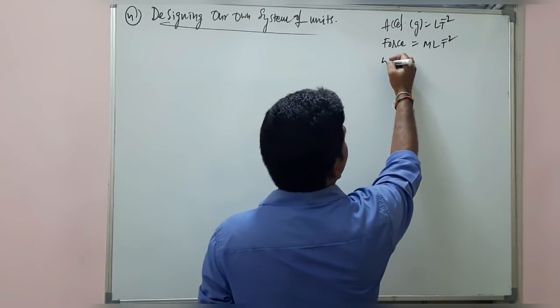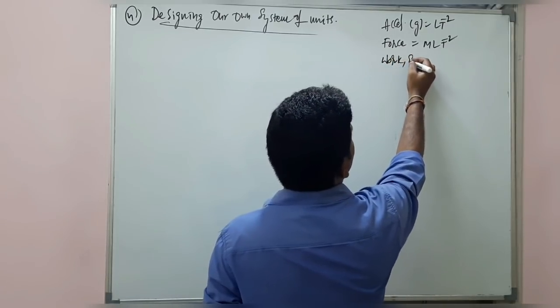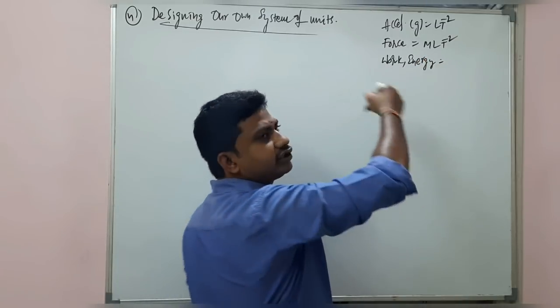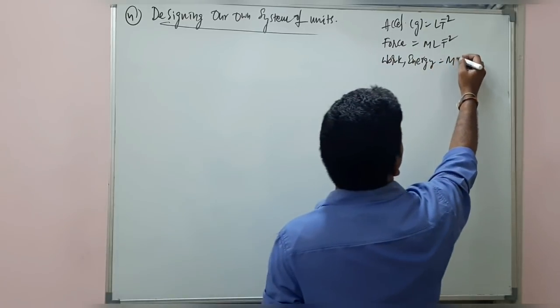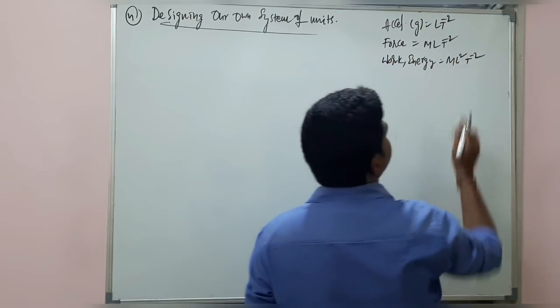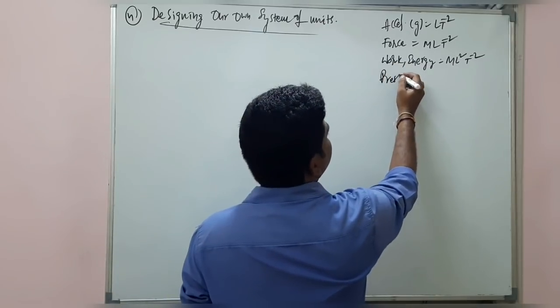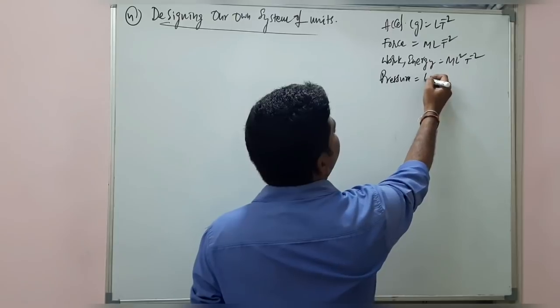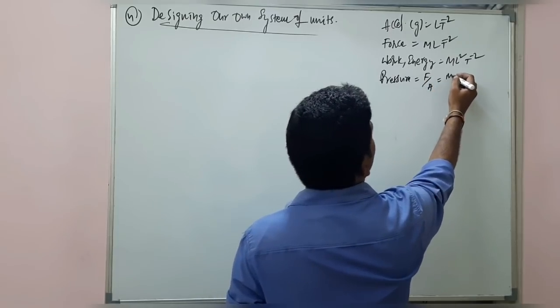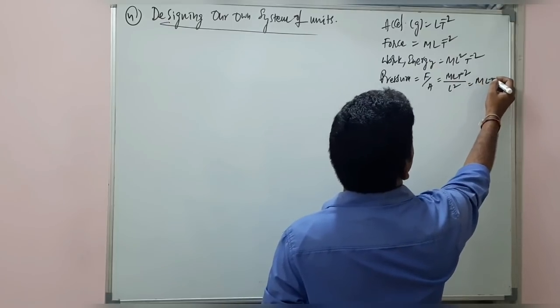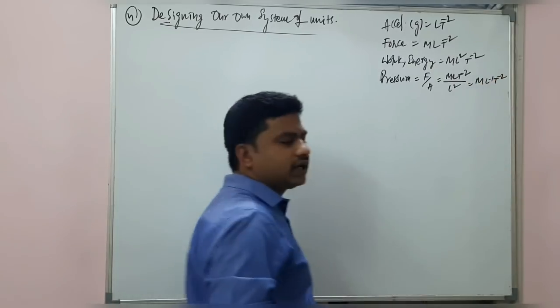Work or energy is force into displacement, so ML^2T^-2. Pressure is force per unit area: MLT^-2 by L^2, so ML^-1T^-2.